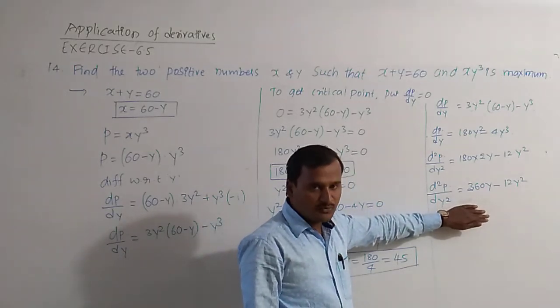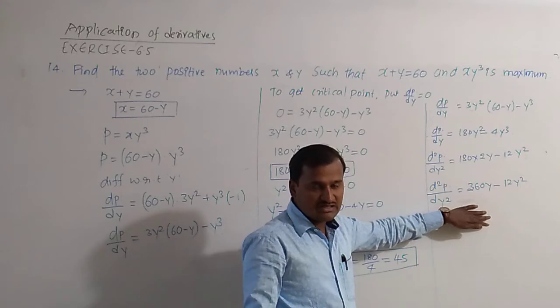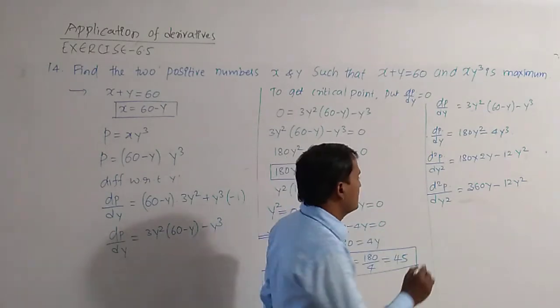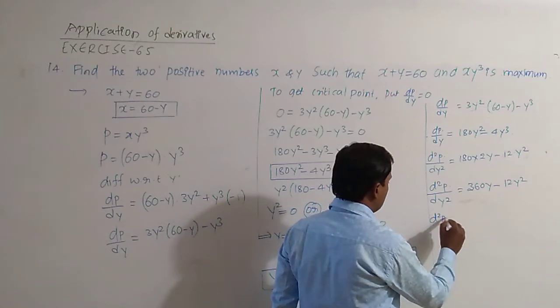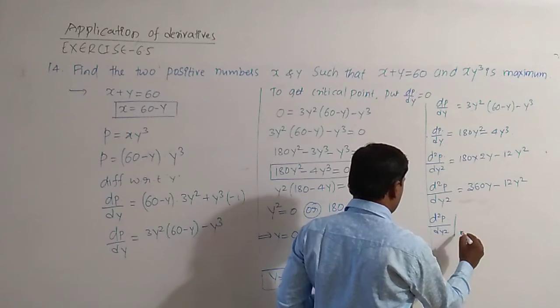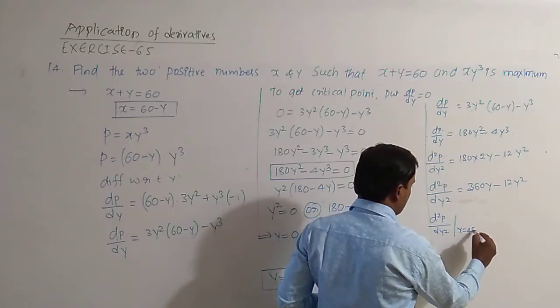Now we are proving that the second derivative is less than 0, because they have given that the product is maximum. So here we will take d square P divided by dy square at y equal to 45.